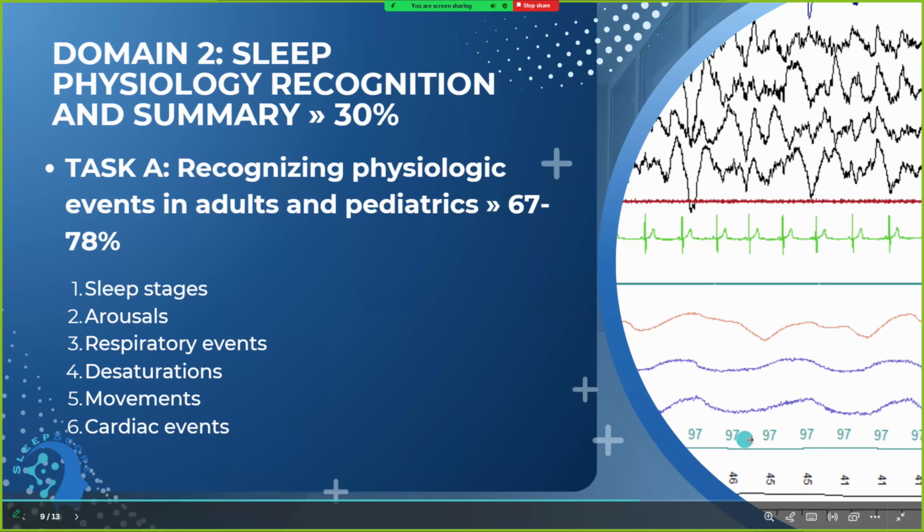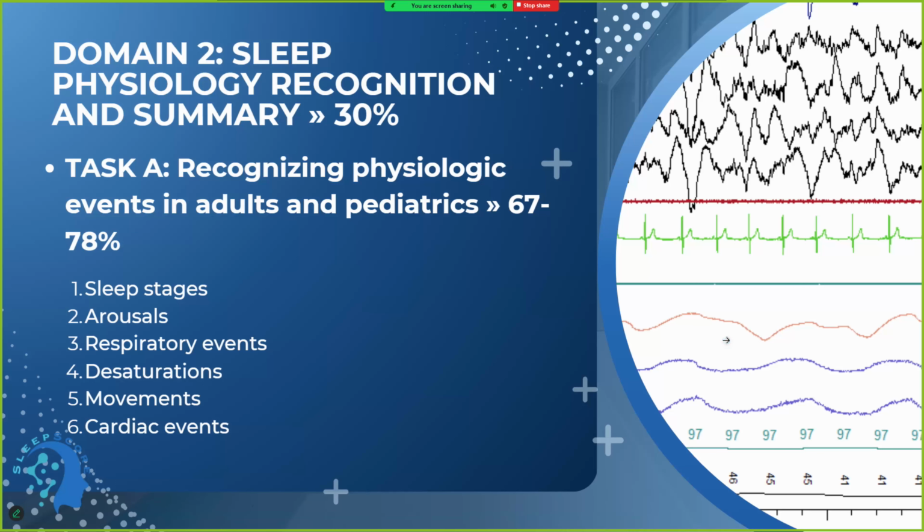Desaturation, like oxygen. Here you see the oxygen level is 97, so this patient is not desaturating. Desaturating means when the oxygen level drops for some reason. And movements: these waves also tell us when patients are moving, when they are awake and moving.